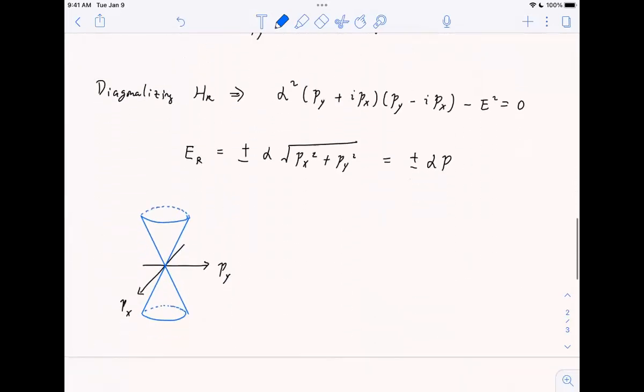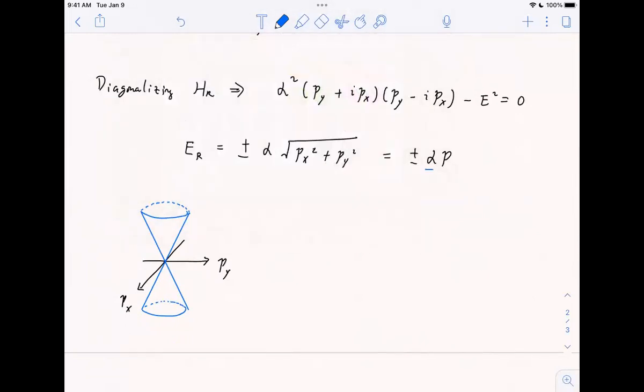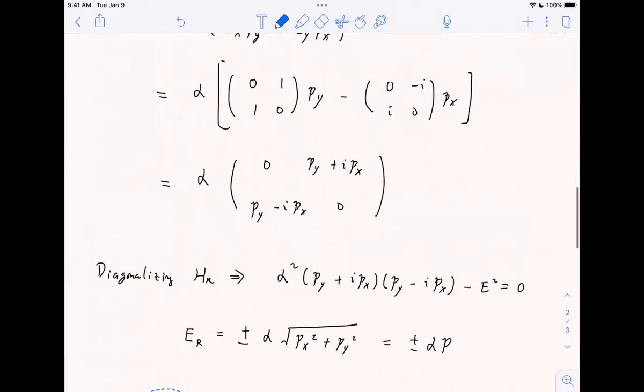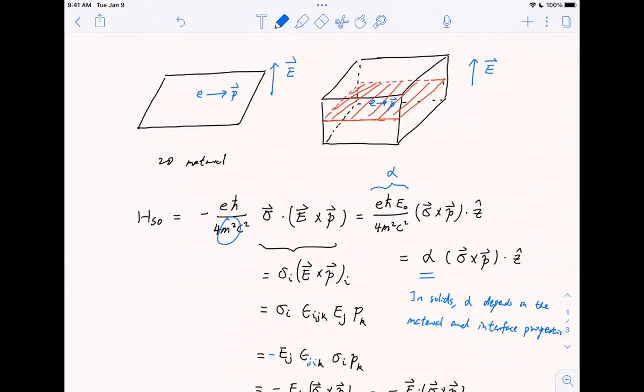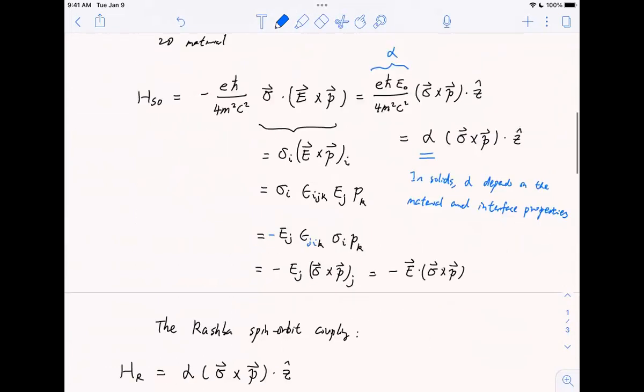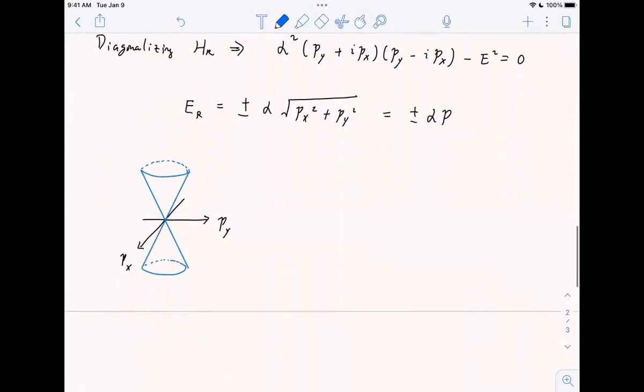And this slope here, in graphene, is determined by the Fermi velocity, but here it is determined by the Rashba coupling parameter. And you can see that this is related to the effective mass squared. If your effective mass is small, then this alpha is going to be big, and the slope of the cone will be bigger. So the math is not complicated.